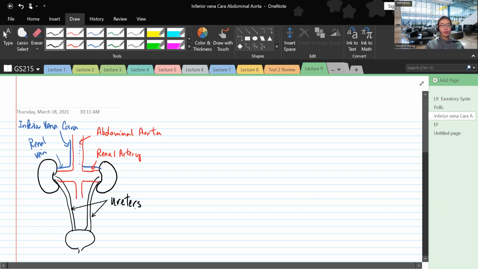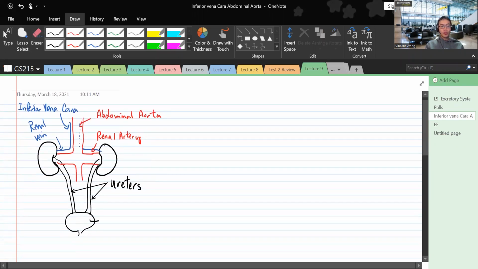Okay, so ureters. There are two ureters. One from each kidney, and it's going to go to the urinary bladder right here. Okay, and then the urine is going to stay in the urinary bladder for some time until it's ready to come out, and it's going to come out from the urethra.